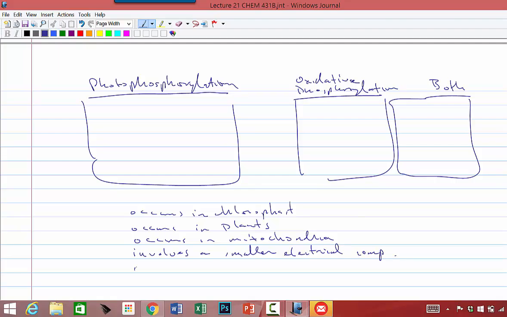Another one says involves a larger electrical component. Produces ATP.